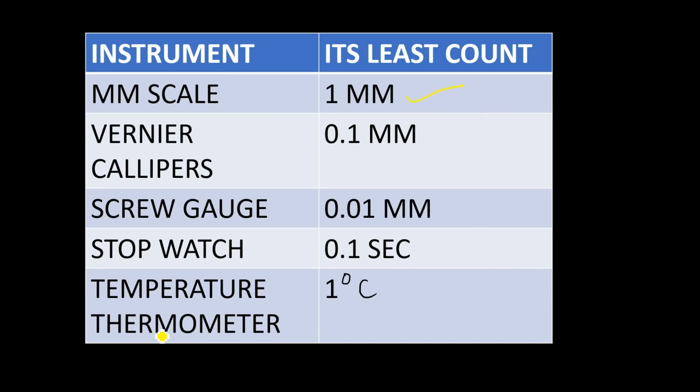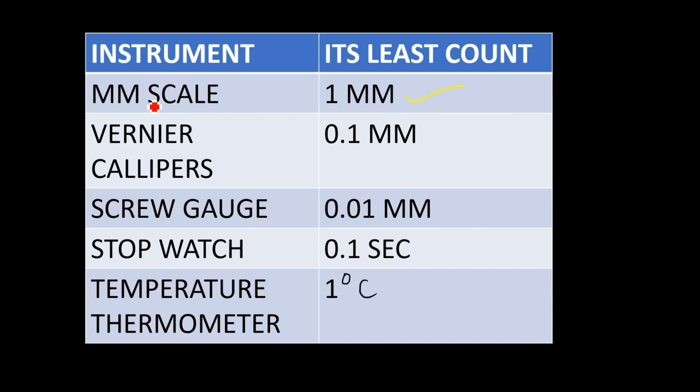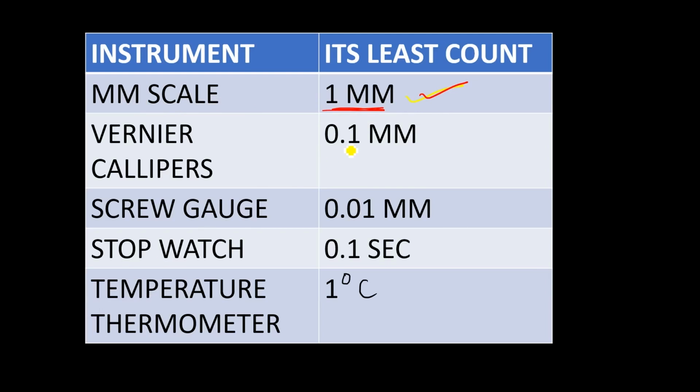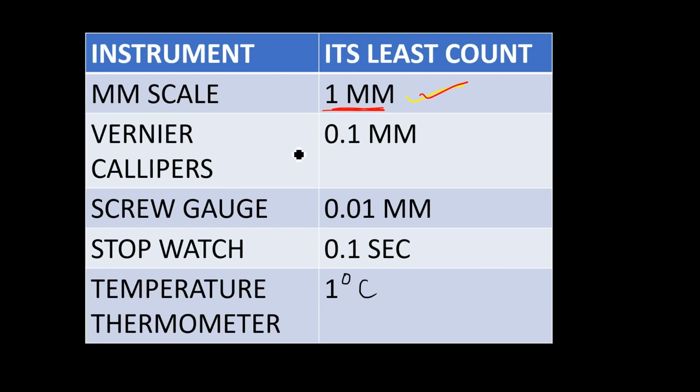Here you can observe carefully. For a scale, the least count is 1 millimeter. For vernier calipers, it is 0.1 millimeter. For a screw gauge, it is 0.01 millimeter. For a stopwatch, it is 0.1 second.